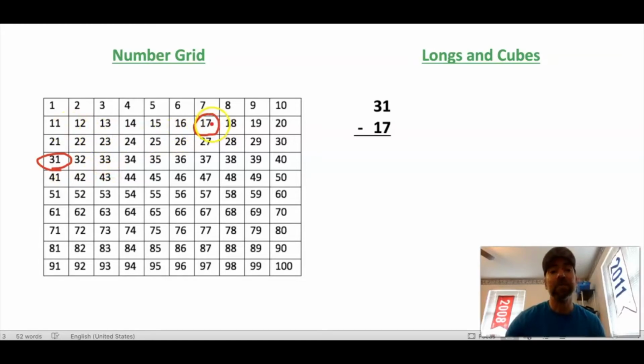So I can start 1, 2, 3, 4, 5, 6, 7, 8, 9, 10, 11, 12, 13, 14. I got the same exact answer. 31 minus 17 is 14. Notice that I started at my smaller number and I counted up. Hey, I did that with my open number line too. That makes it a little bit easier when we count up rather than count back.